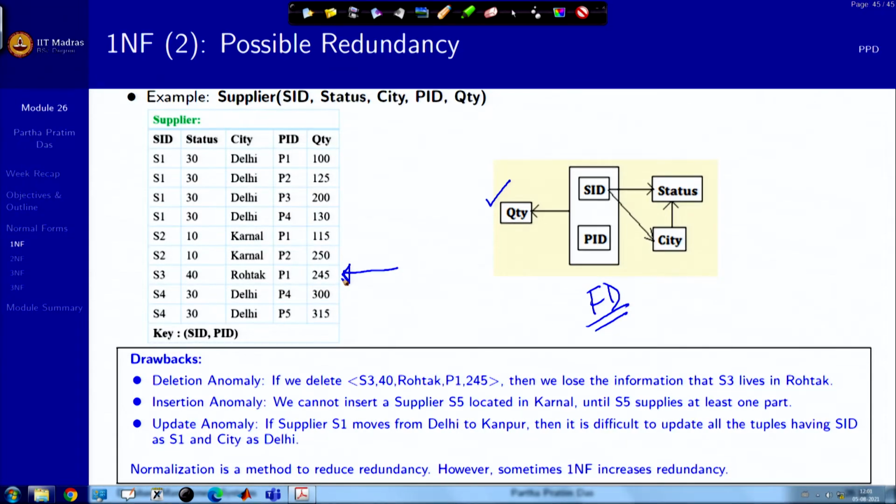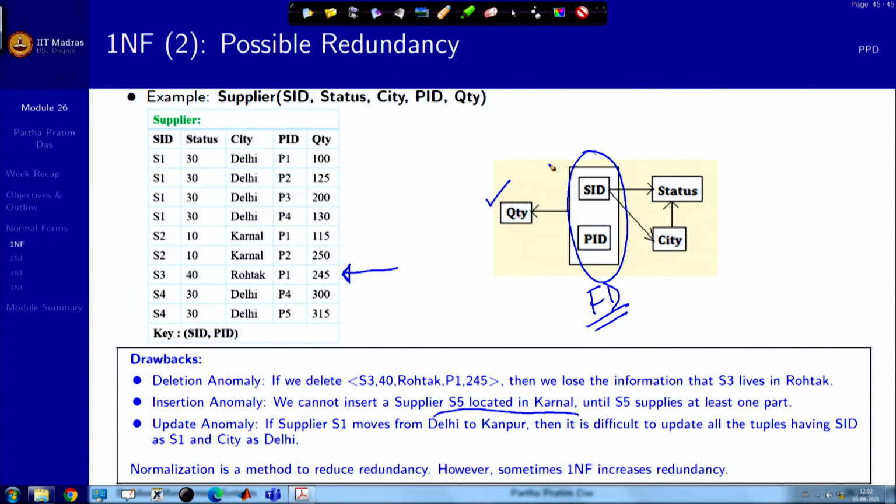We cannot insert a supplier S5 who is located in Karnal until the supplier has supplied at least one part, because you can see that part, PID, is an attribute which is part of the key, right. So, we have insertion anomalies.